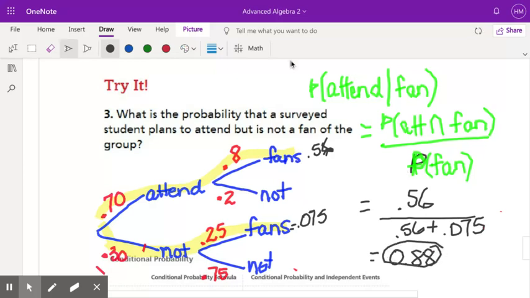Which is the answer to this extra question here. So of all the fans the band has, 88% of them attended.